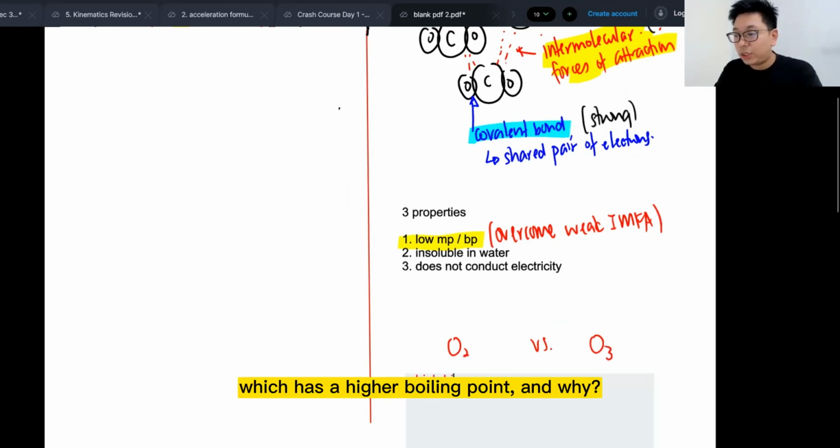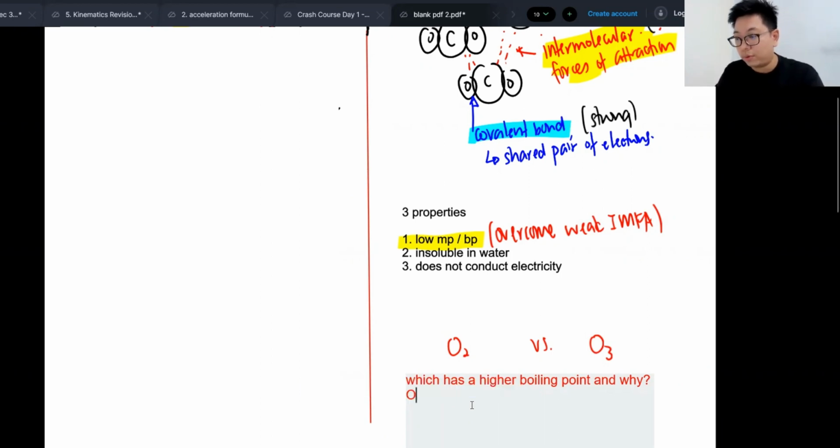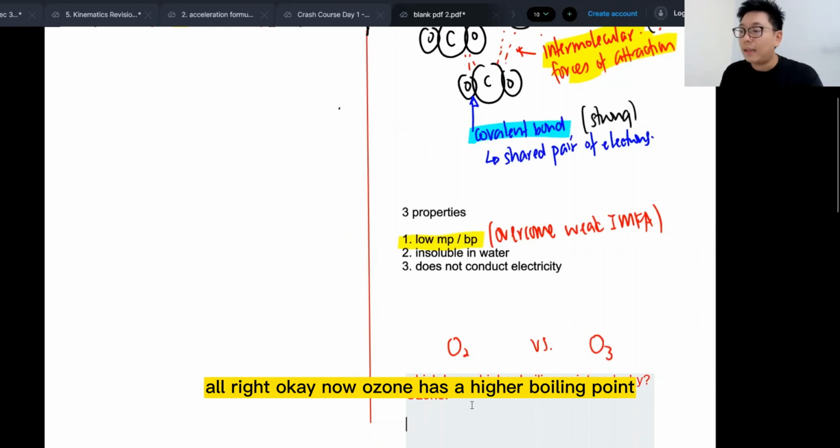Which has a higher boiling point, and why? So the answer is this: ozone. Now you must understand this. Some of your schools, you sat for your paper, it came out. Now, ozone has a higher boiling point.